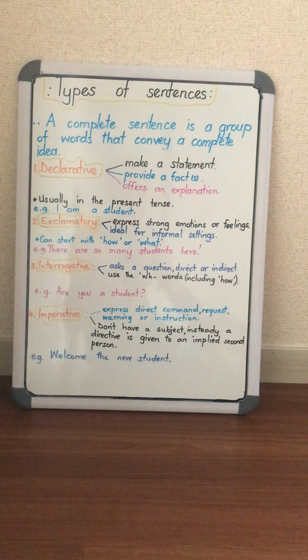Right? So usually there is a directive, and that's the reason why they don't usually have a subject. An example that I came up with is, welcome the new student. It's a directive, it's a request, right?